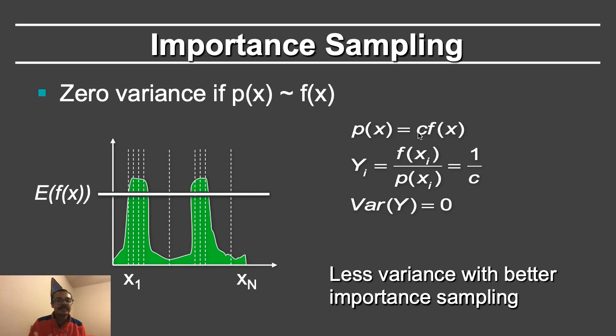And therefore, simply evaluating the constant c to get the probability distribution is equal to solving the original problem. Therefore, one cannot typically choose p(x) proportional to f(x), but one can choose p(x) which is close to f(x), and the closer it matches f(x), the less variance you will have with better importance sampling.